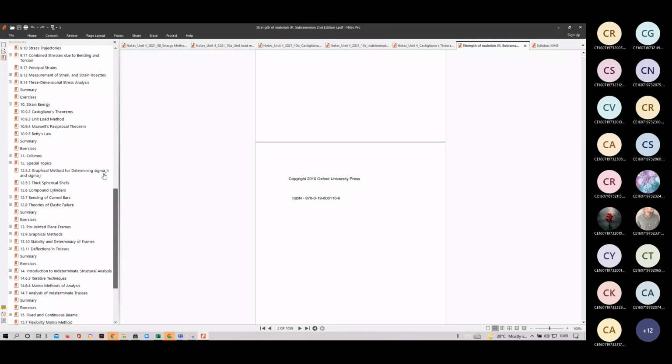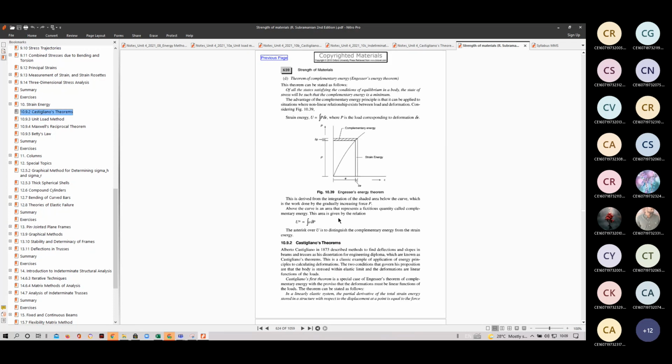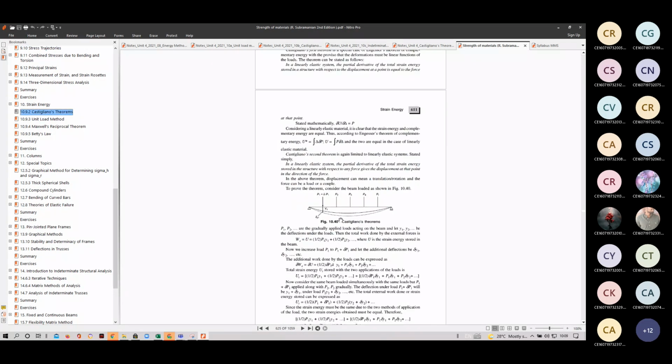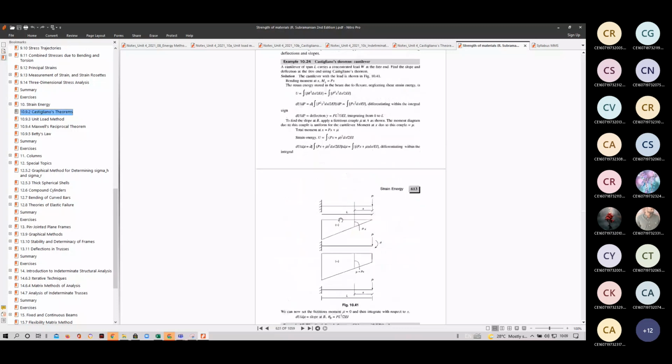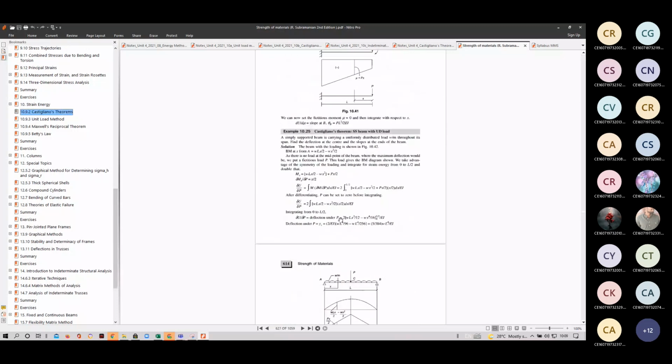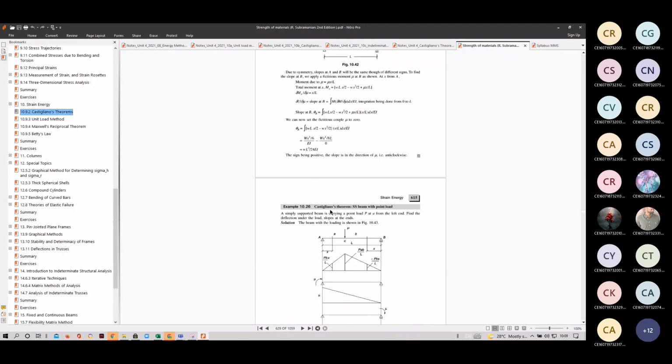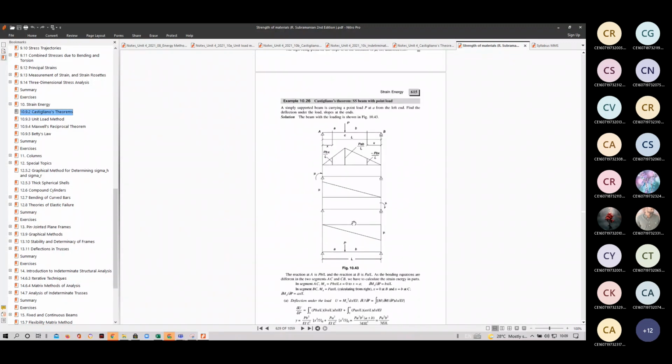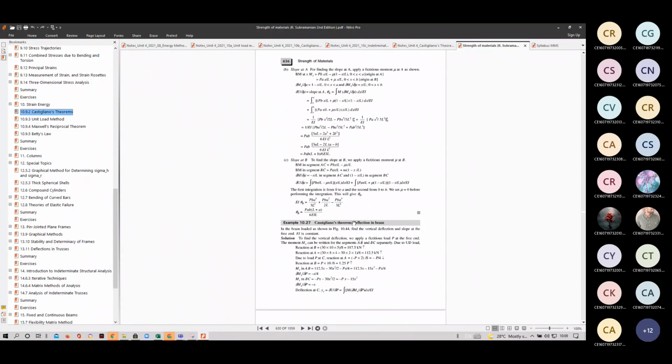Now, strain energy, Castigliano's theorems. So he has given some problems. You can attempt to solve those problems. One or two examples. Common ones you don't do.